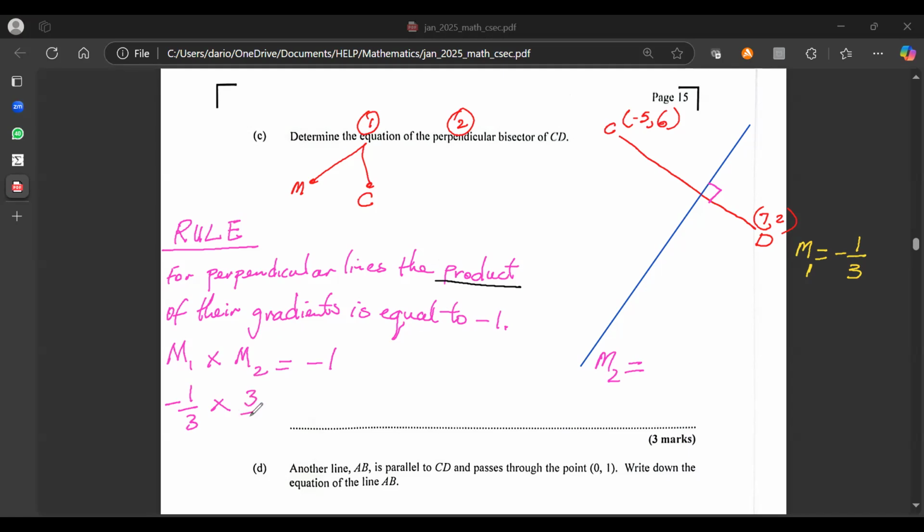It's 3 or 3/1, because this will give me -1. So I'm going to put M2 equals 3.